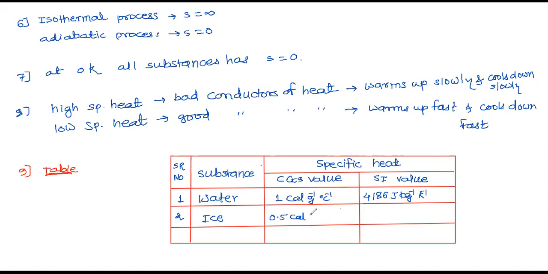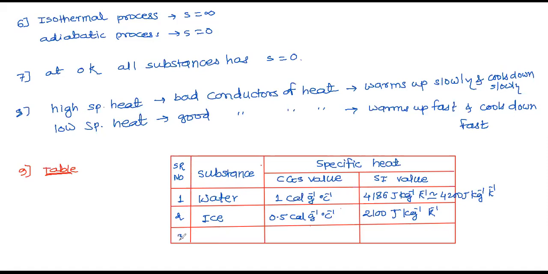You can see 0.5 calorie gram inverse degree Celsius inverse, and here it is 2100. So basically we are taking 4200 as the standard value, that's why half you are getting 2100. Even you can take this as approximately 4200. You can write joule kg inverse Kelvin inverse like this, not an issue.